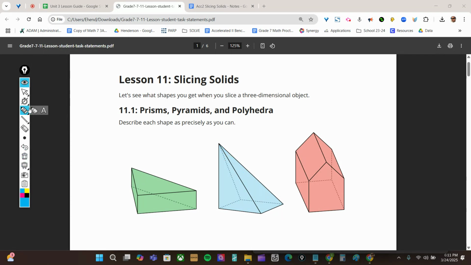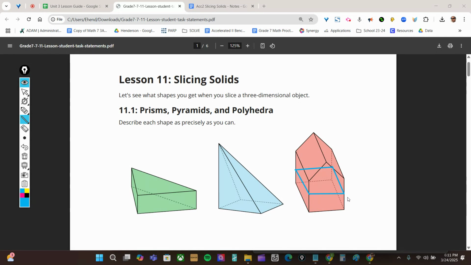And this last shape, I don't even know what to call this shape right here. It's like a complex polyhedron or square pyramid, maybe. Okay, square pyramid. And if you cut it across horizontally, like if you cut it here, but all the way through, you'd have like a rectangular shape.